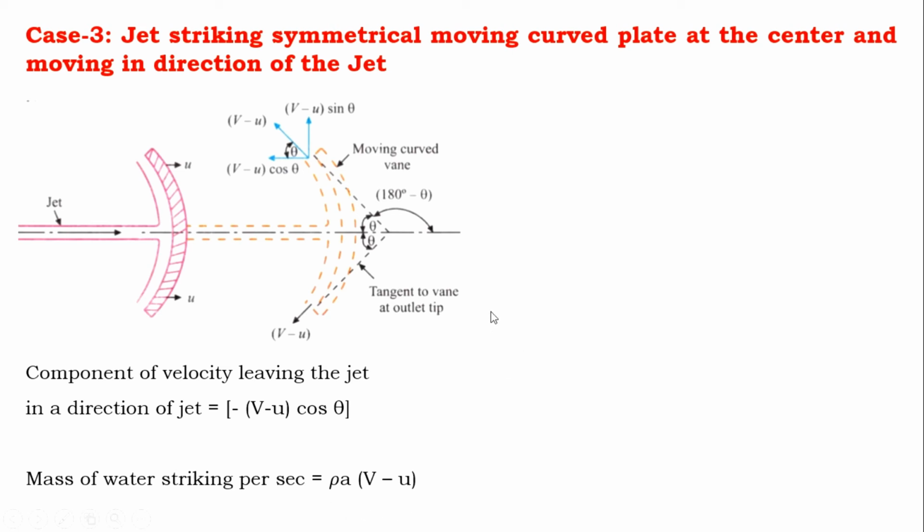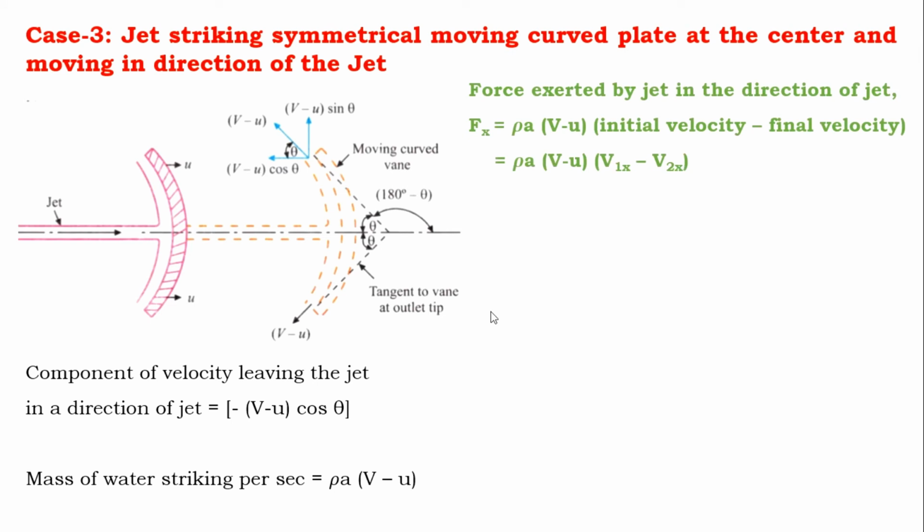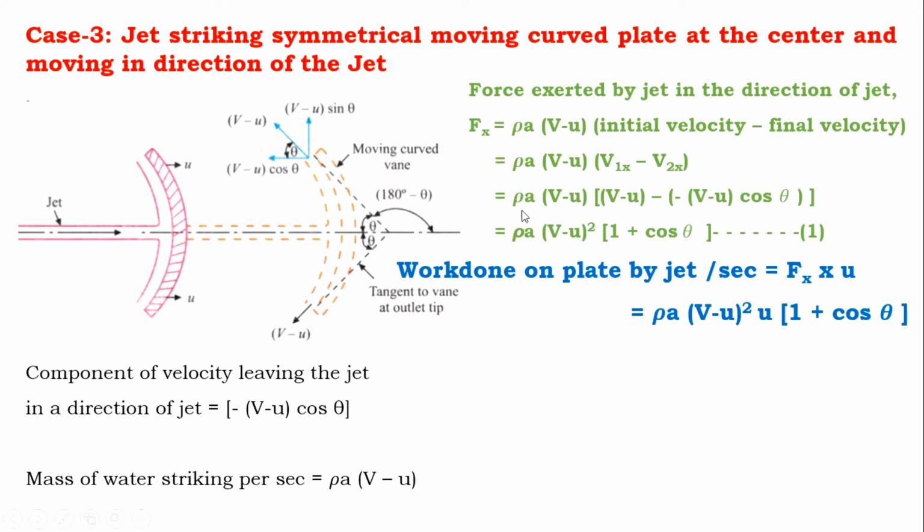Now find out the force exerted by jet in the direction of a jet. Fx is equal to rho A (V minus U) times (initial velocity minus final velocity). So substitute the values of velocity, we get rho A (V minus U) squared times (1 plus cos theta). This is our equation number 1.